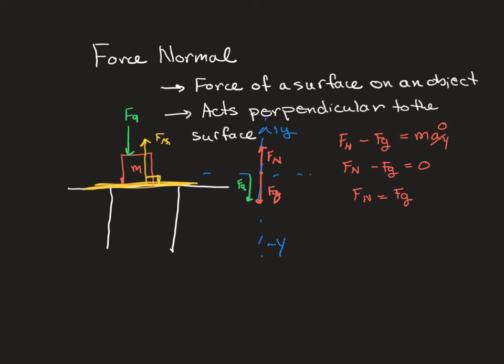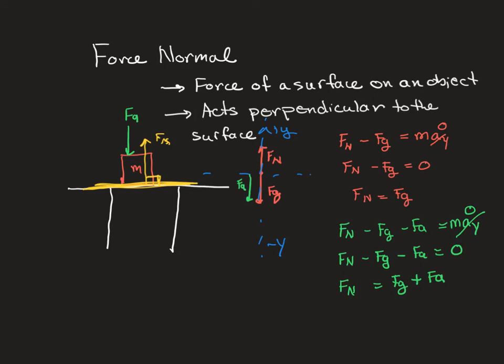So now when I go to sum forces, I'm going to have the force normal minus the force of gravity minus the force applied equals mass times acceleration in the y. This is going to be 0 once again because it's not in motion. So the force normal minus the force of gravity minus that force applied to the top of the box is going to equal 0. So I can rearrange this to say the force normal now equals the force of gravity plus that force applied.